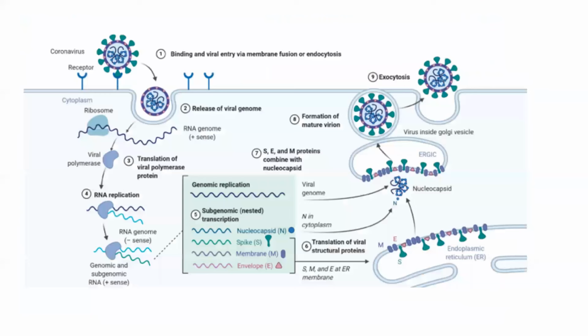Here we have an overview of how the spike protein first binds to the ACE receptor, and then through endocytosis enters into the cell.